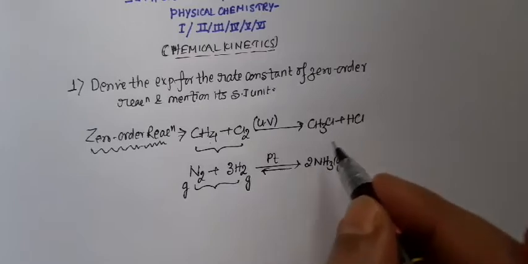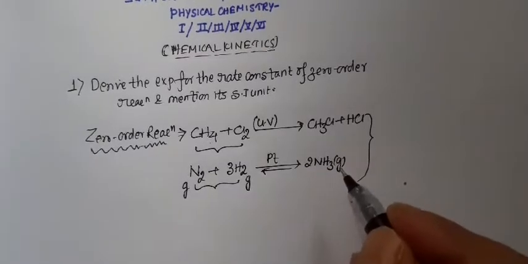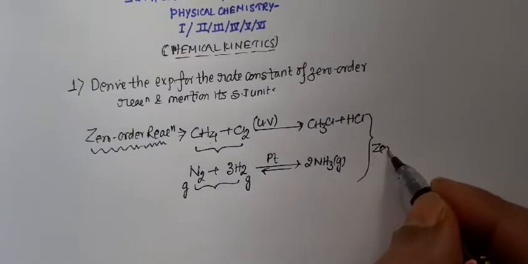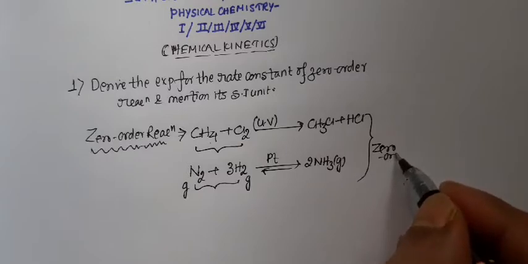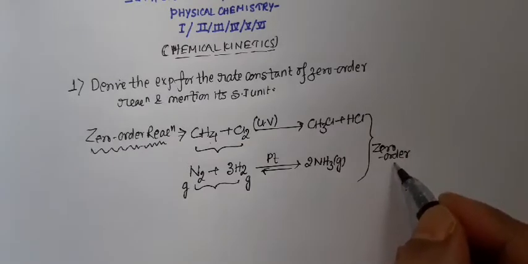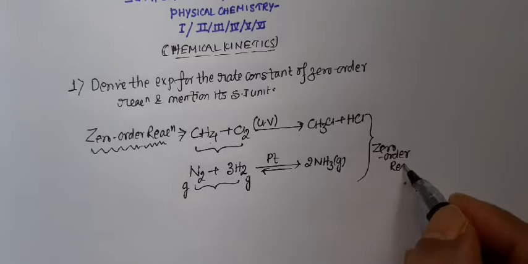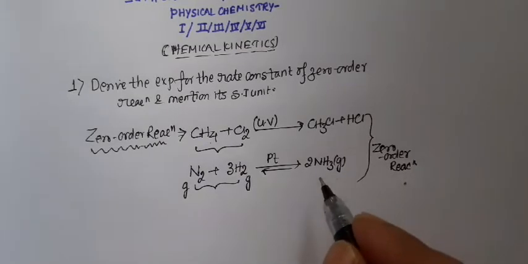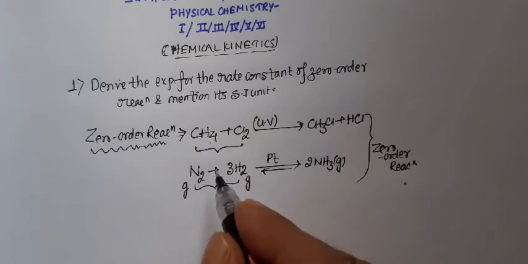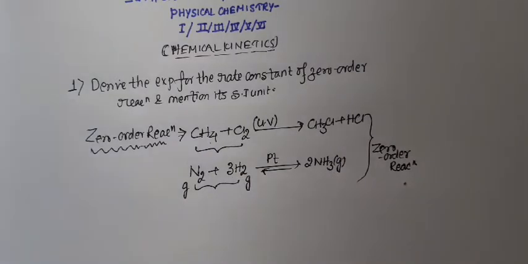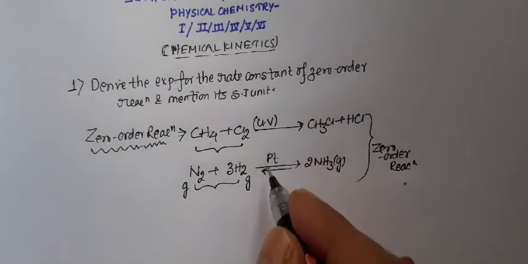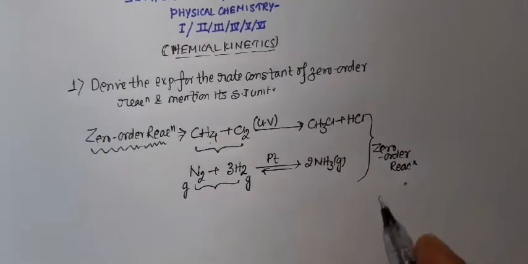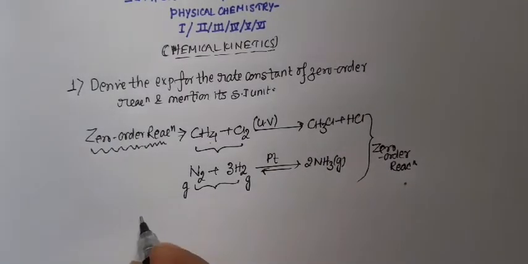Therefore, this reaction is also categorized as a zero order reaction. Simply, we have to understand that all those chemical reactions whose rate is independent of concentration and depends upon an external factor like light or catalyst are known as zero order reactions.